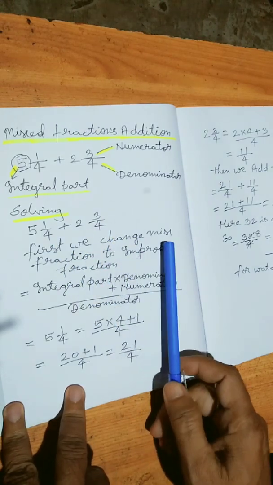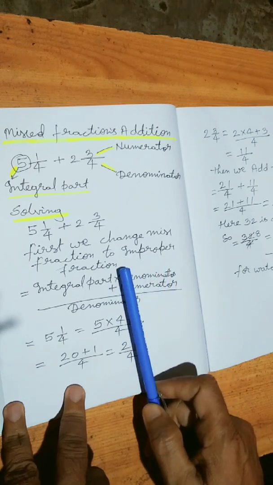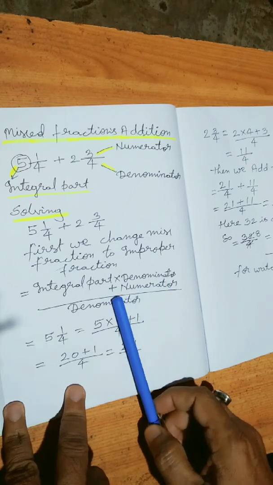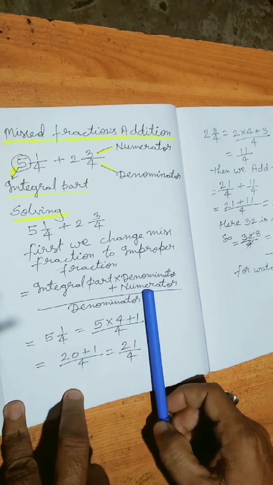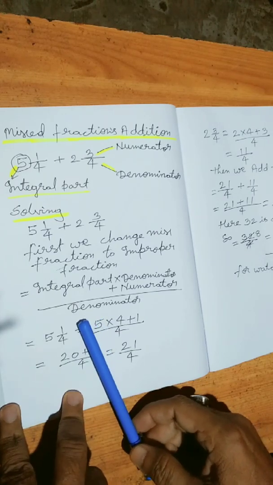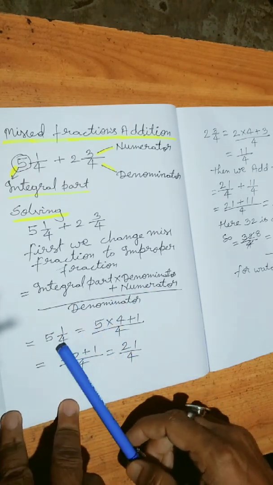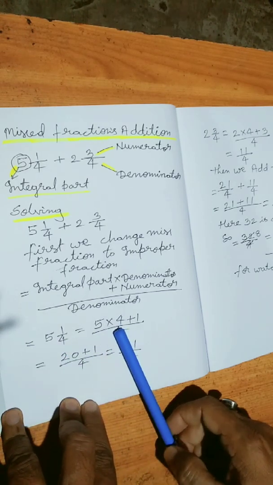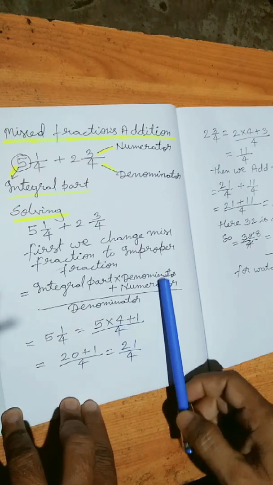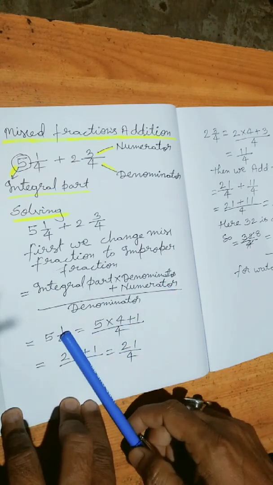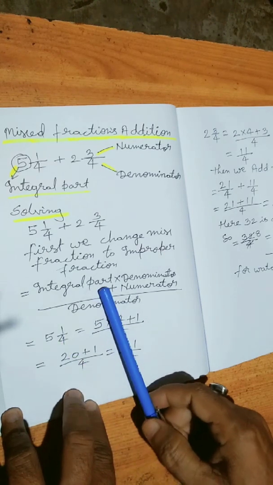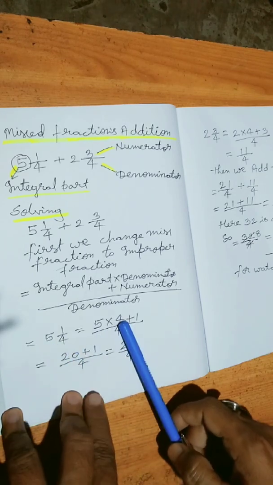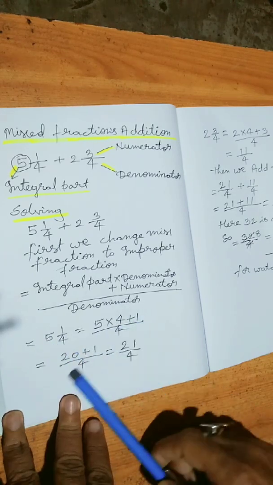First we change the mixed fraction to an improper fraction. Integral part multiplied by the denominator plus the numerator, and keep the same denominator. 5 1 by 4 is equal to 5 multiplied by 4, 4 is the denominator, plus 1 the numerator.